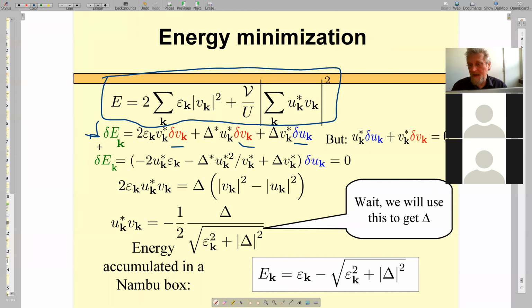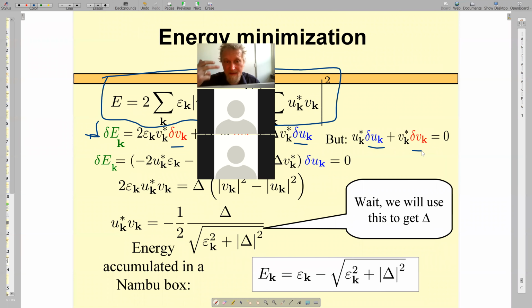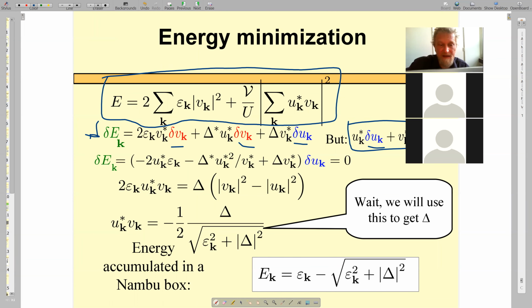What I wanted to say is that I have to take into account that variations of u's and v's are not independent because of the normalization condition. That's why they are related to each other. And here I have a single variation only.